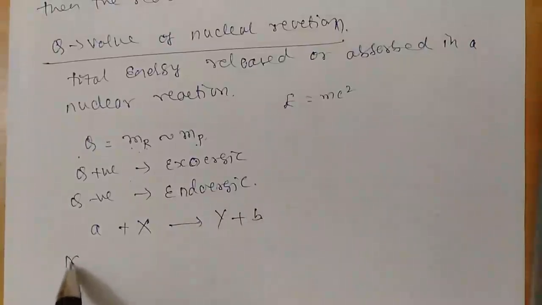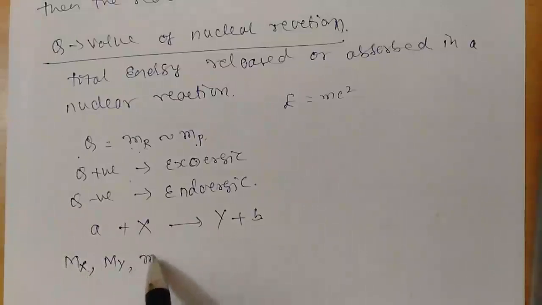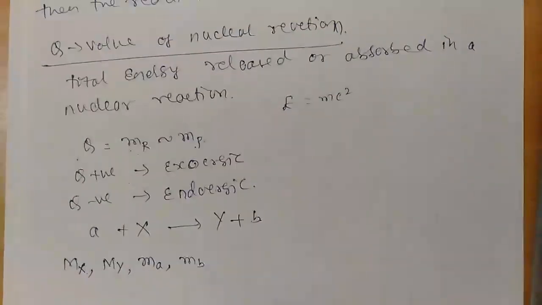Let capital Mx be the mass of the target nucleus, My the mass of the residual nucleus that is formed, small ma the mass of the projectile, and small mb the mass of the ejectile. These are the rest masses of the target nucleus, product nucleus, projectile or incident or bombarding particle, and ejectile respectively.